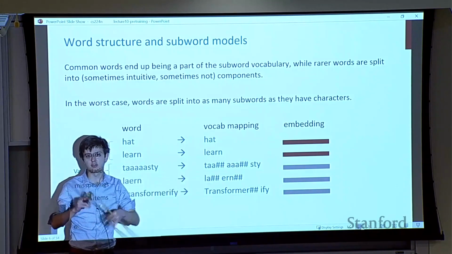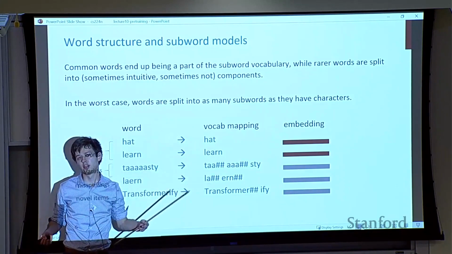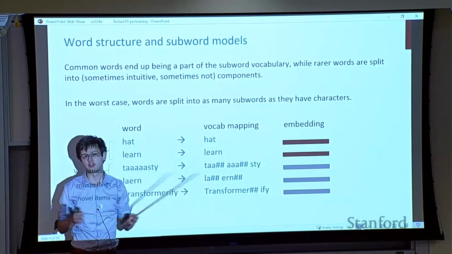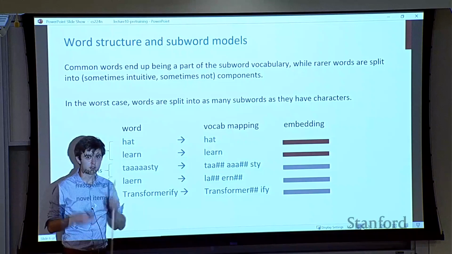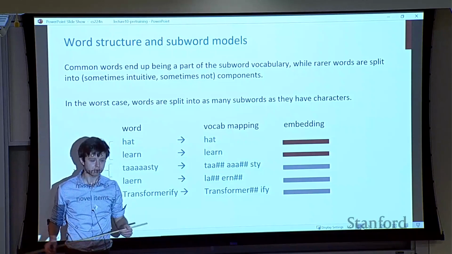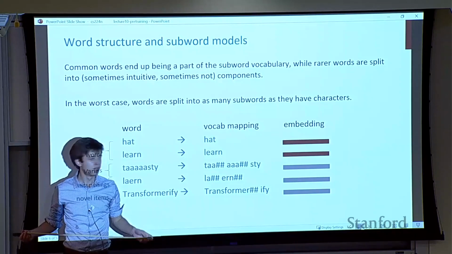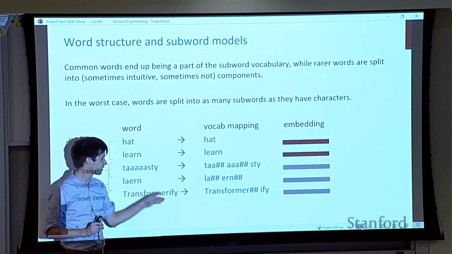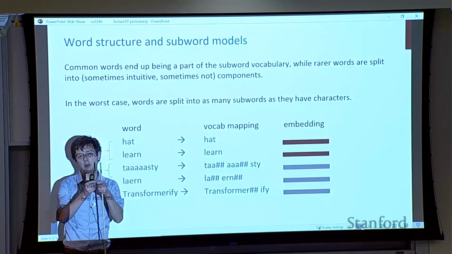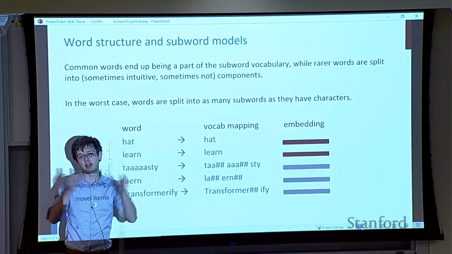So when we say a sequence of words, the pre-trained transformer has no idea whether it's dealing with words or subwords when it's doing its self-attention operations. And so this can be a problem. If you have really weird sequences of characters, you can have an individual single word mapped to as many subwords as it has characters.